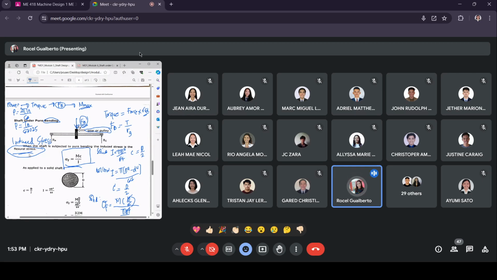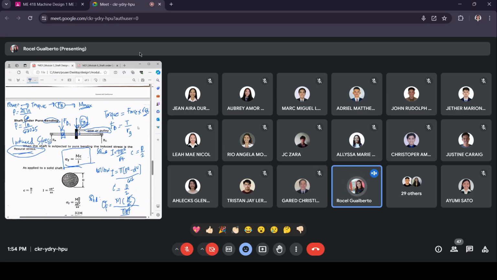So what if your shaft contains multiple gears or pulleys? Say this is pulley 1 or gear 1, and then this one is gear 2. So you'll have here 2 bending loads. You call this FB1, and then the other one would be FB2.